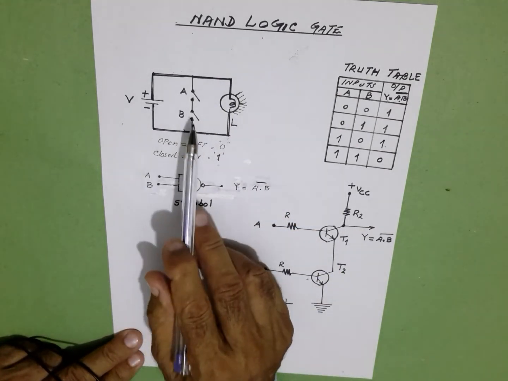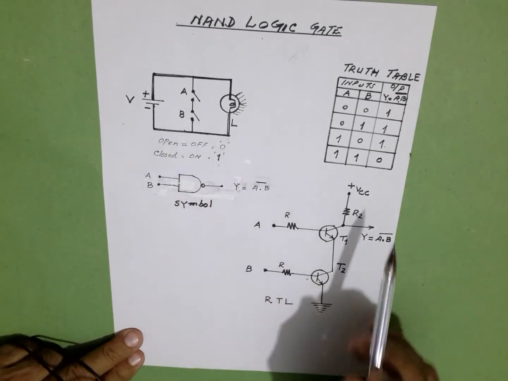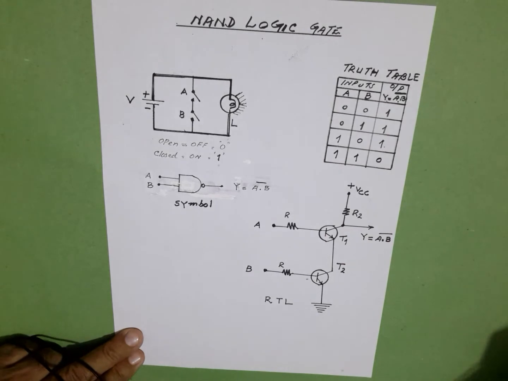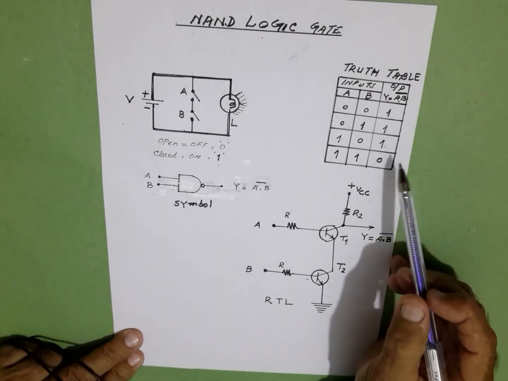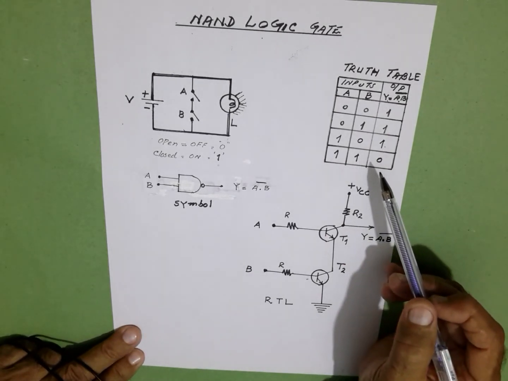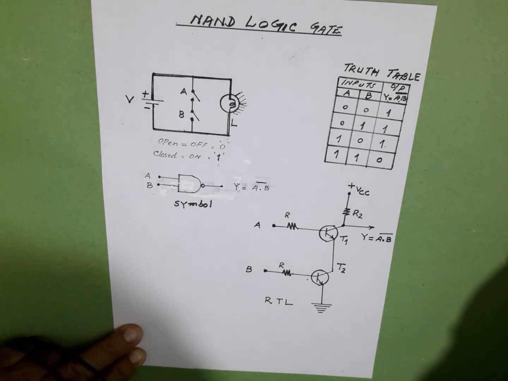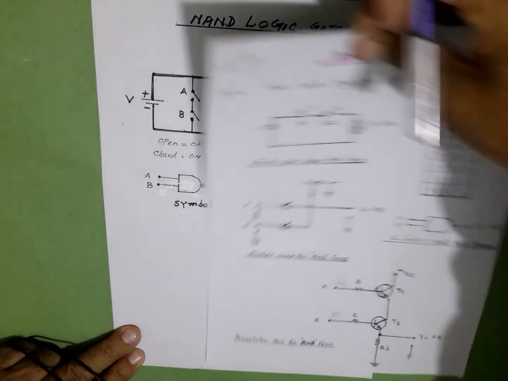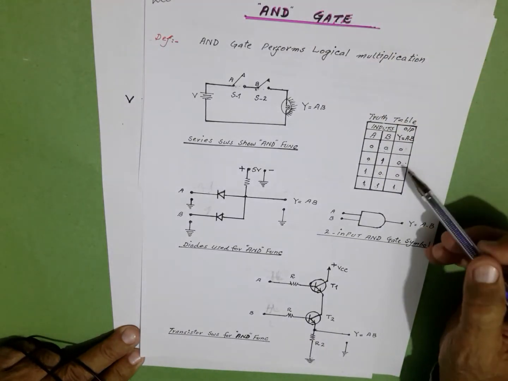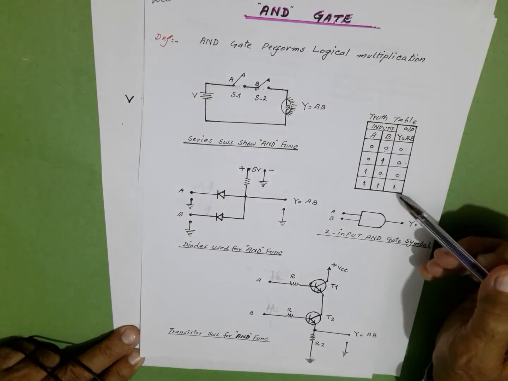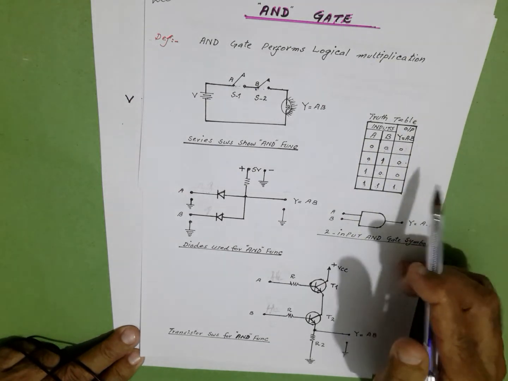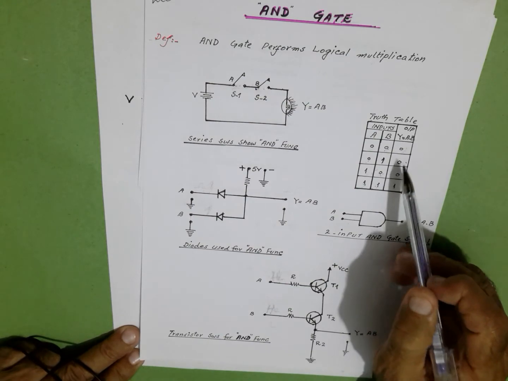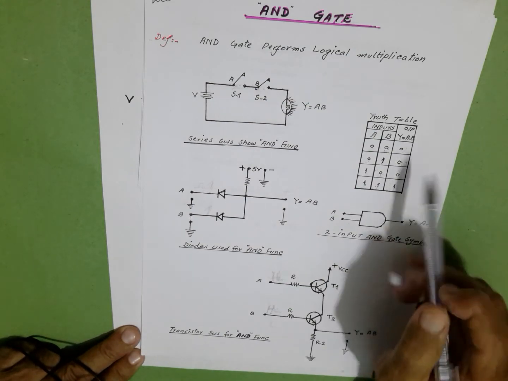Therefore, for the fourth combination, when both A and B are closed, the output is 0, and this is complementary to the AND gate truth table. The truth table for the AND gate is 0, 0, 0, 1. But in case of the NAND gate, this is the opposite, inverse or complementary of that.